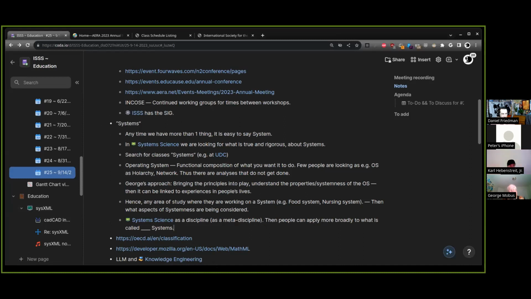Well, listening to you talk about this, something occurred to me. Imagine a system scientist, somebody who has studied system science, knows the principles and all the things, as consultants called in on other areas.